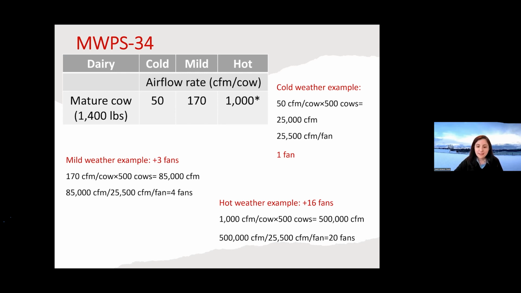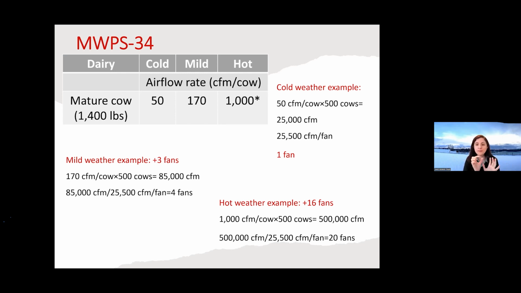So let's look at this data. If we have 20 fans, assume that you have a tunnel ventilated barn and you put 20 fans on the short end of the wall, it may work, right? There is a possibility, if all of them are running and if your calculations are correct, it may do the job. But during cold weather, we will turn off 19 of them and only 1 will be working. The question there is, which one will be working?